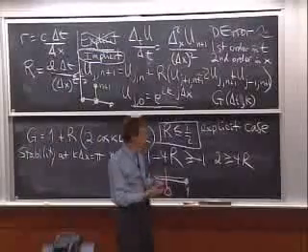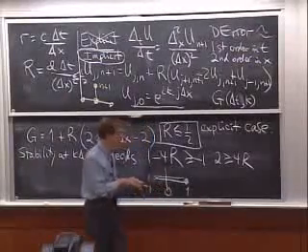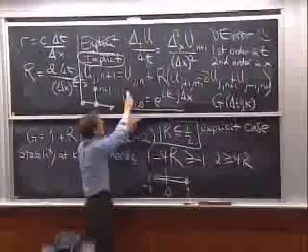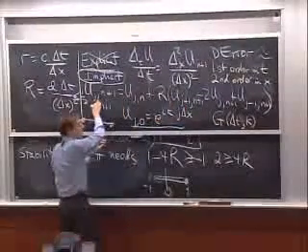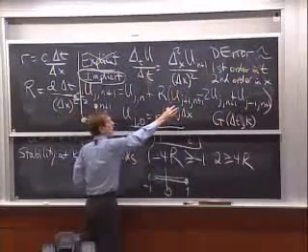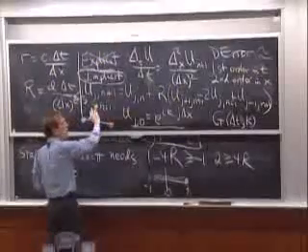The price is that at every time step we have to solve. This is now on the other side, so this brings a whole matrix over.